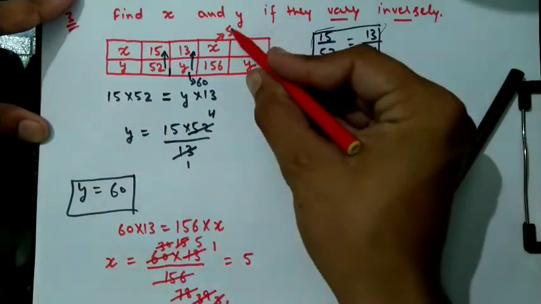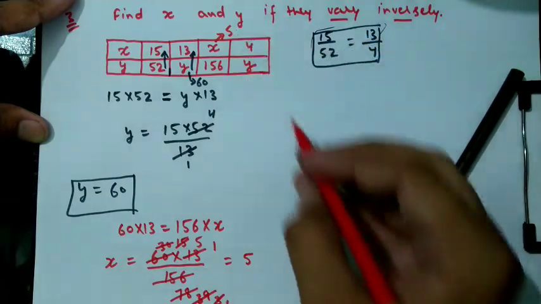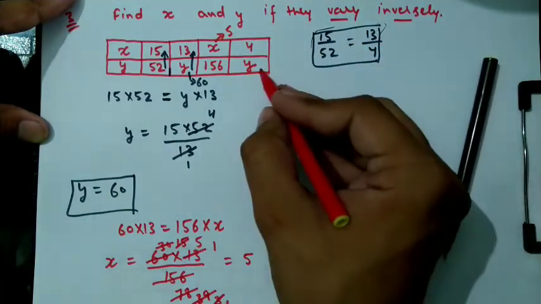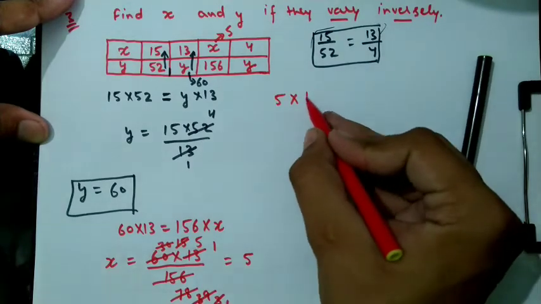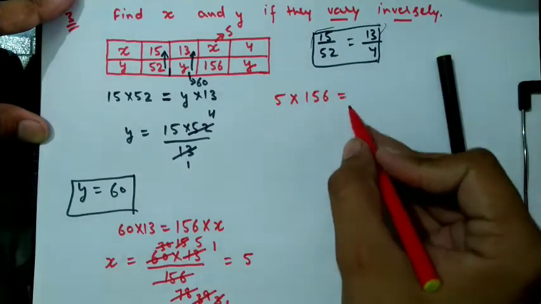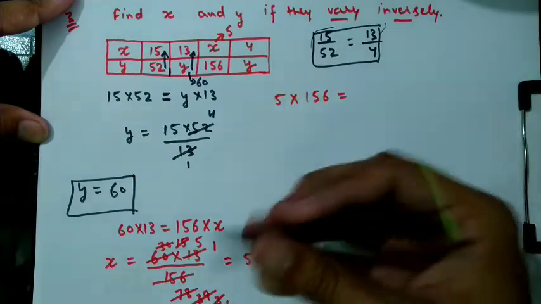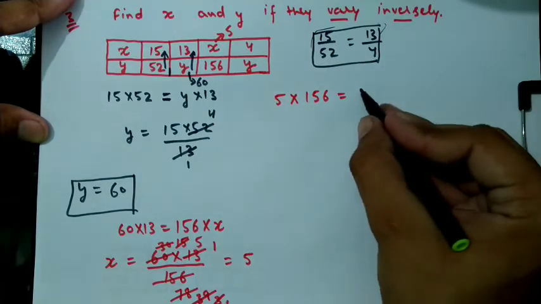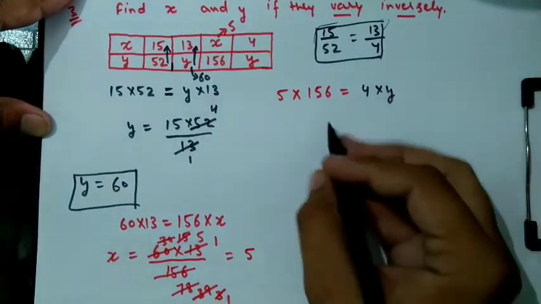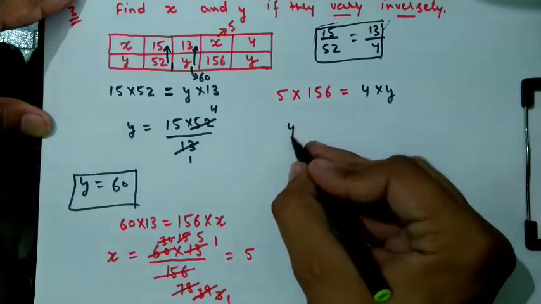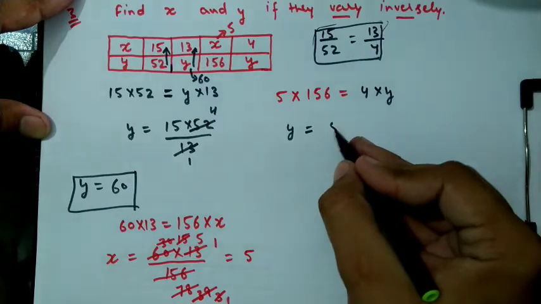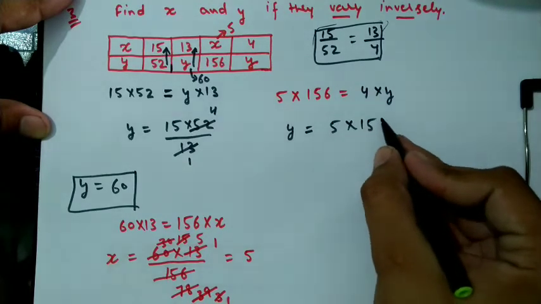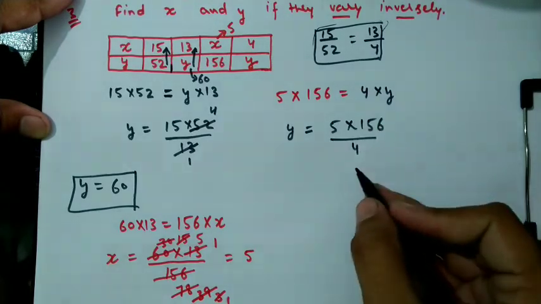Now that 5 is here, you have to find the value of the last y. So 5 multiplied by 156, again by the same method, will be equal to 4 multiplied by y. Okay, so y will be equal to 5 into 156 divided by 4.